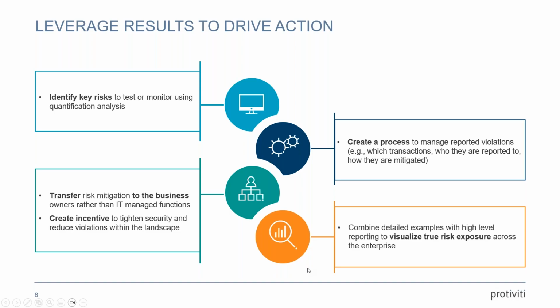But what this does effectively is help transfer this mitigation process and this ownership over SOD and system access risk to the business, where you can really drive an intelligent analysis of whether or not this access is needed, and help to create more incentive to tighten up your security and reduce the amount of risk that you have in the landscape overall.